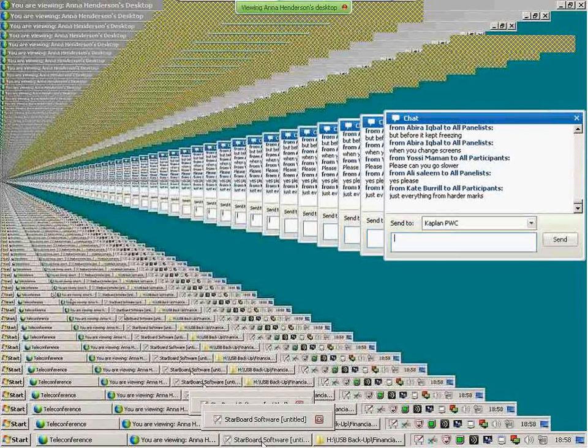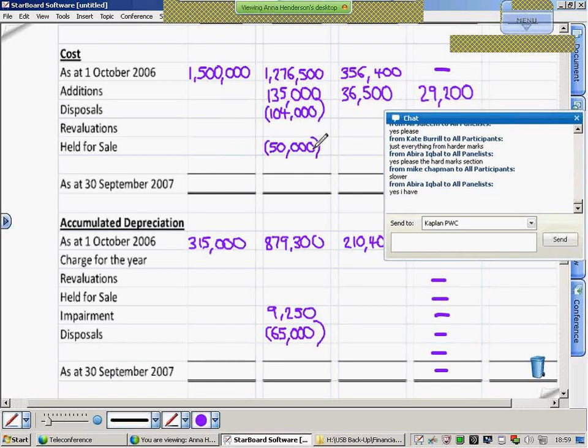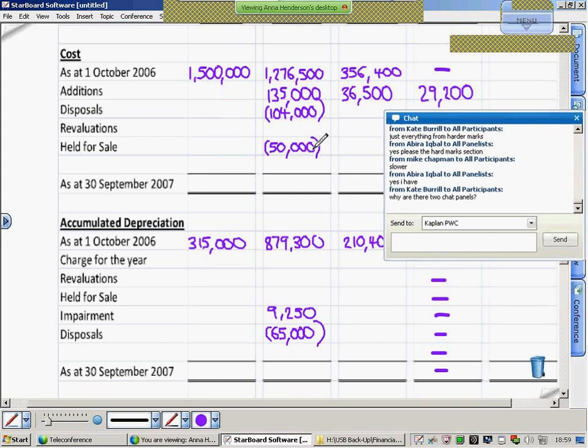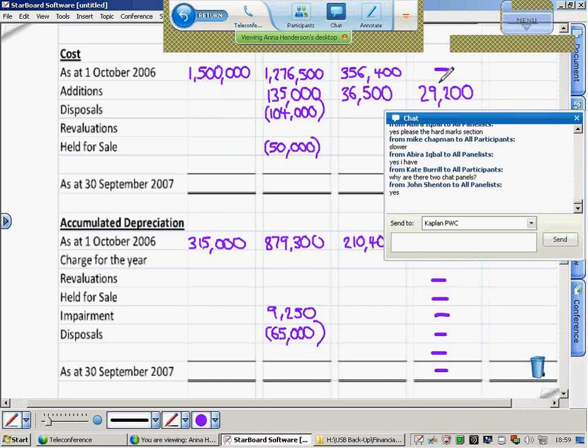Move that number, so the disposal 104,000 through disposal and the 50,000 through held for sale. Just make that change and then we'll go back to the impairment. Yes, good. Sorry, the computer is not helping.